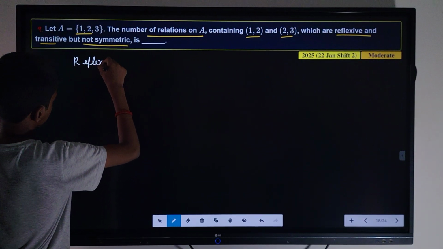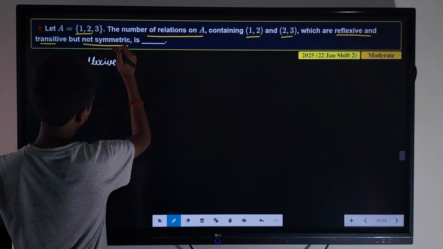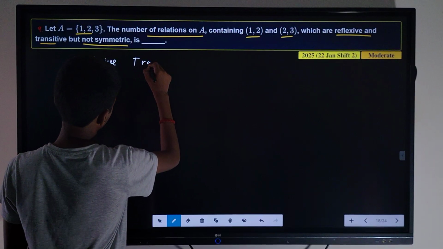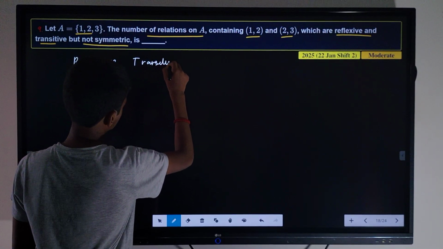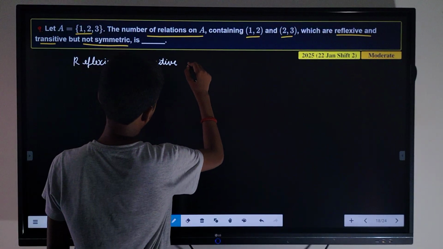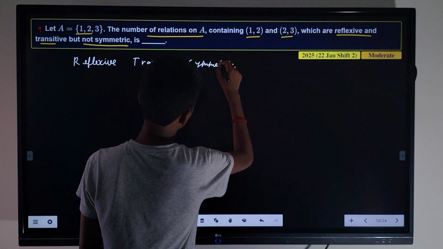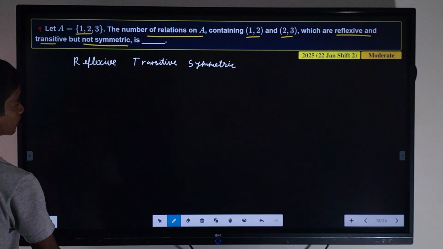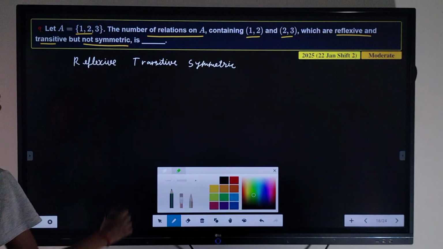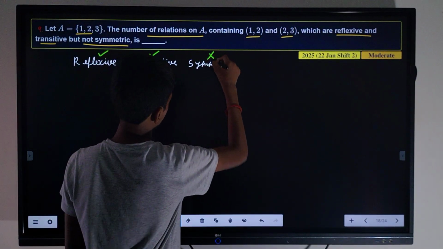Reflexive, transitive, and symmetric. Now we want reflexive, transitive but not symmetric.